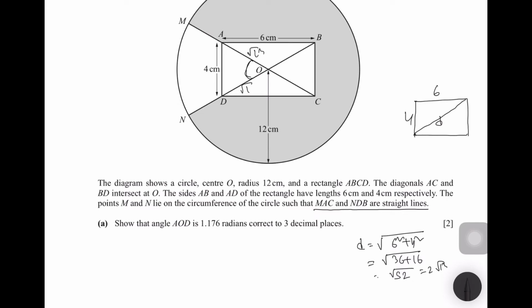This is also root over 13. Now let me divide this. So this is 2 and this will be theta by 2. So we can easily write sine theta by 2 equals 2 by root over 13. Now theta equals 2 times sin inverse 2 by root over 13.